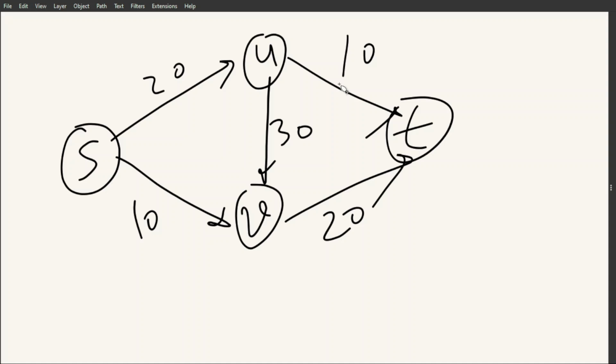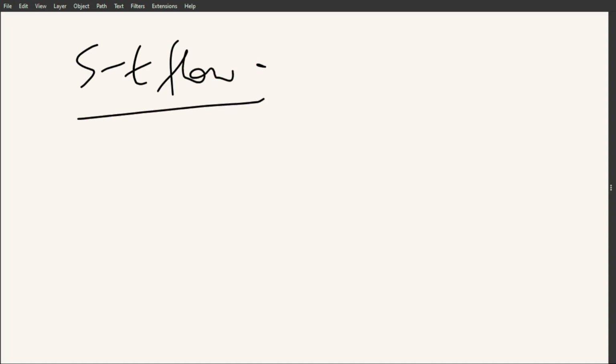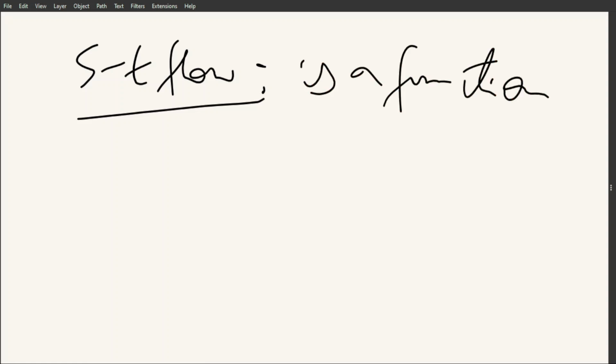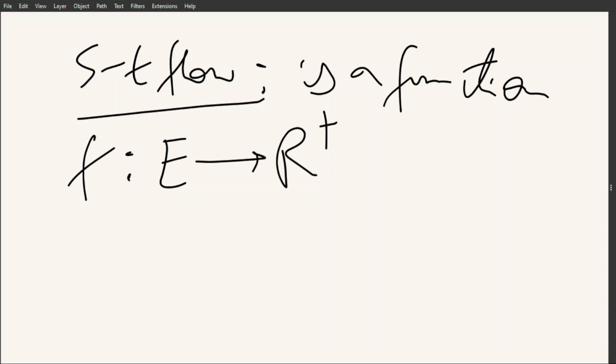Next we define a flow, s-t flow. So this is a function f from the set of edges to positive real numbers.